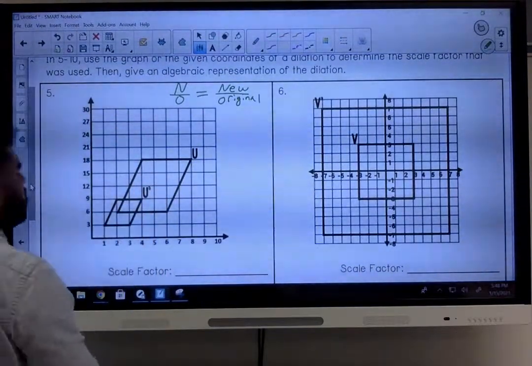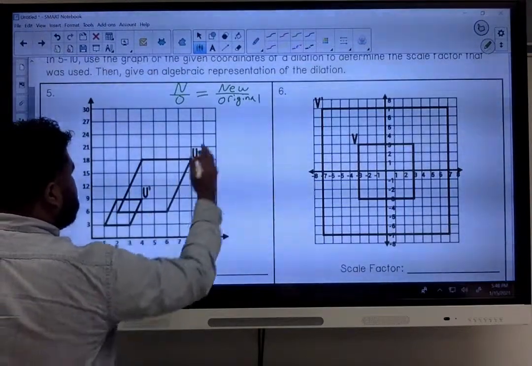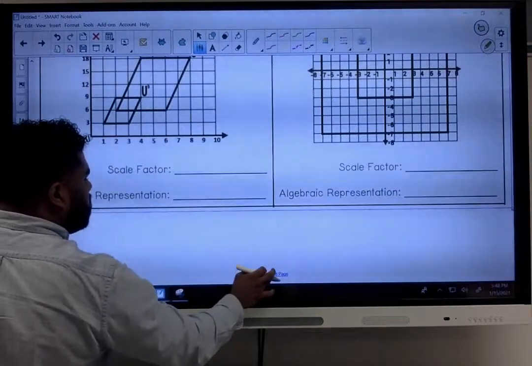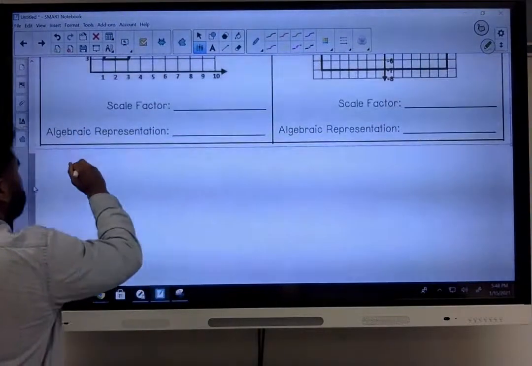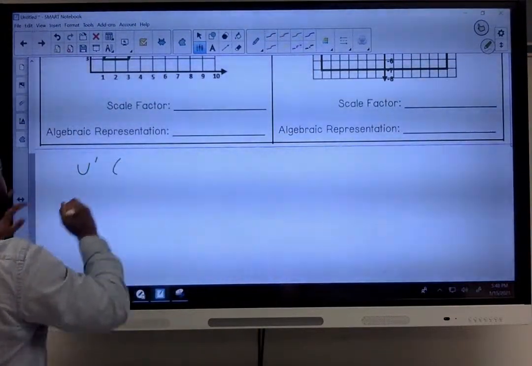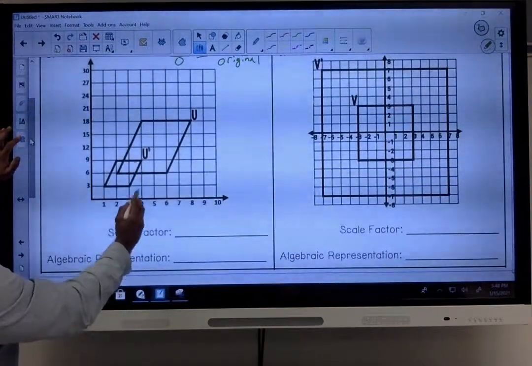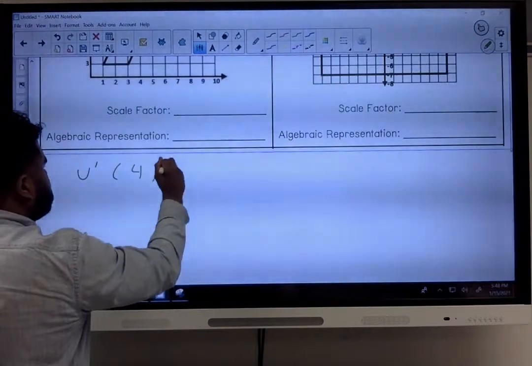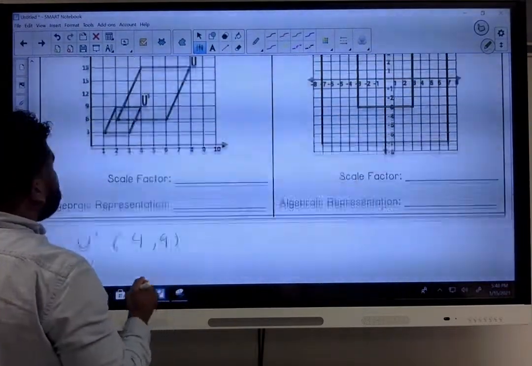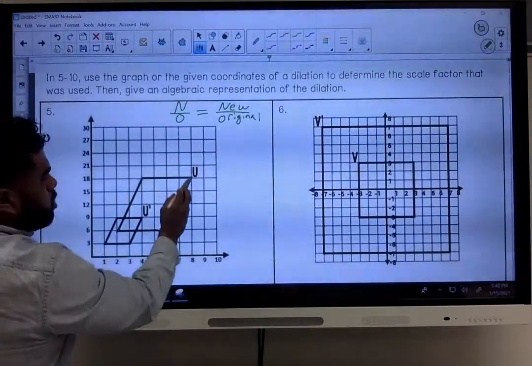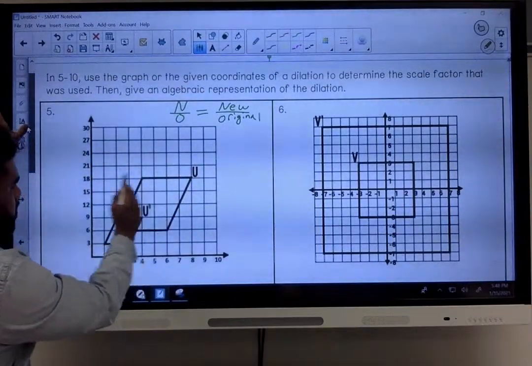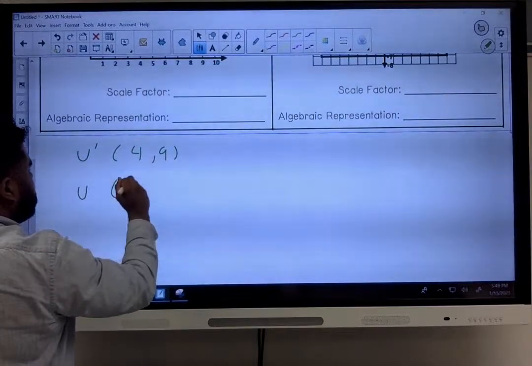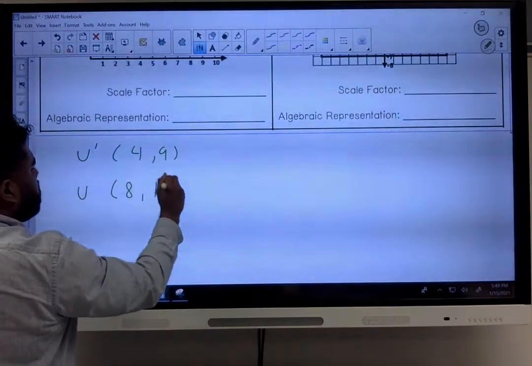So u prime is at 4, 9. Now my original u was found at 8, 18.